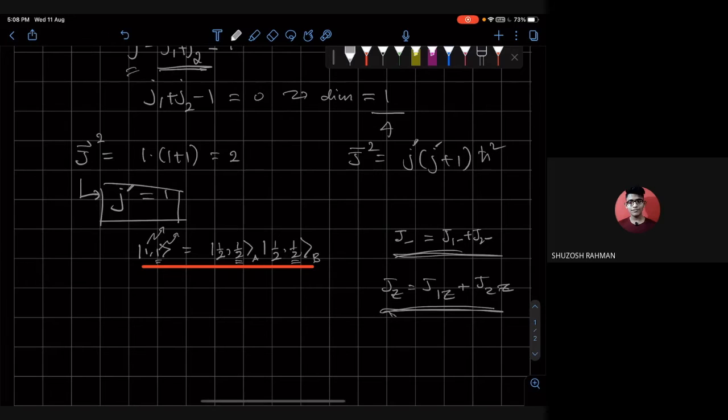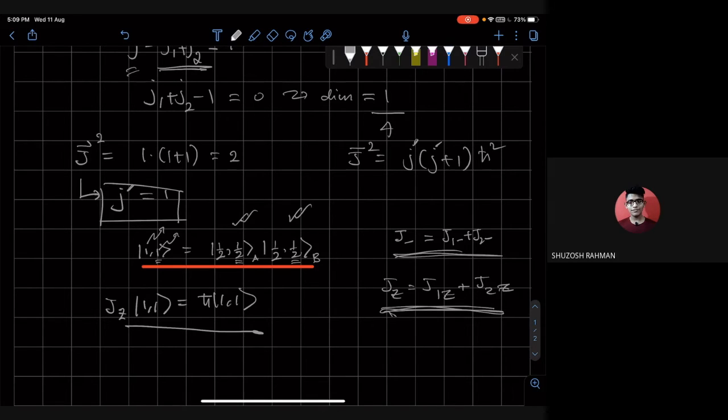Because if we apply this formula to both left-hand side and right-hand side, you must get Jz equal to H bar, state 1, 1. And the only way you're going to get this is this way. There's no other way, right?